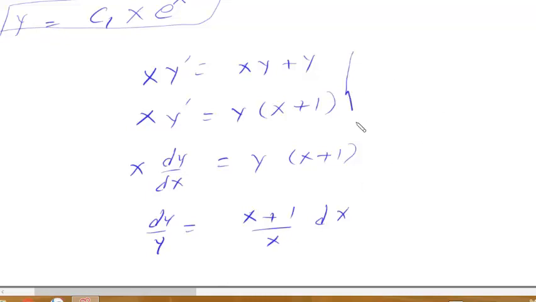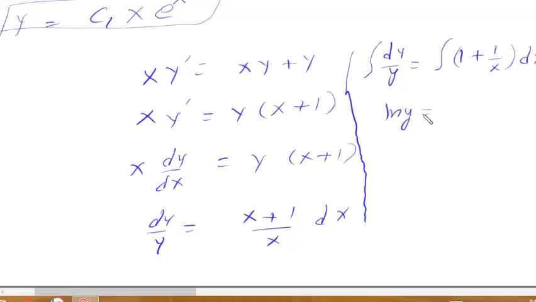Now we can write here, this is dy divided by y is equal to 1 plus 1 over x into dx. Then we integrate, and this is the natural log of y equals x plus the natural log of x, and the constant of integration we also write as the natural log of c.